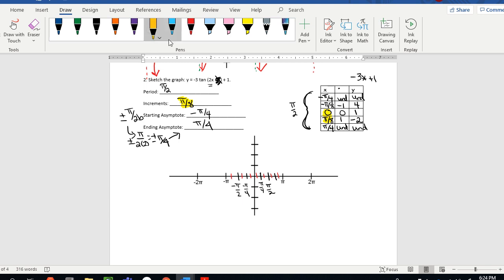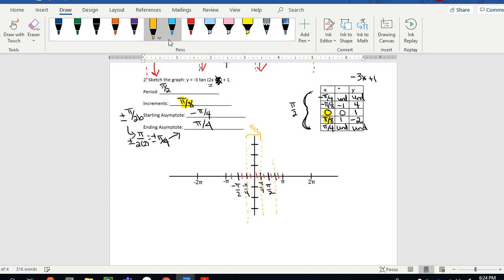I'm going to use yellow this time for the undefined asymptotes. They're at negative pi over 4, positive pi over 4, and then if I go, this is a distance of pi over 2, and that means it's 1, 2 black marks away, not the red marks. 1, 2 black marks away.